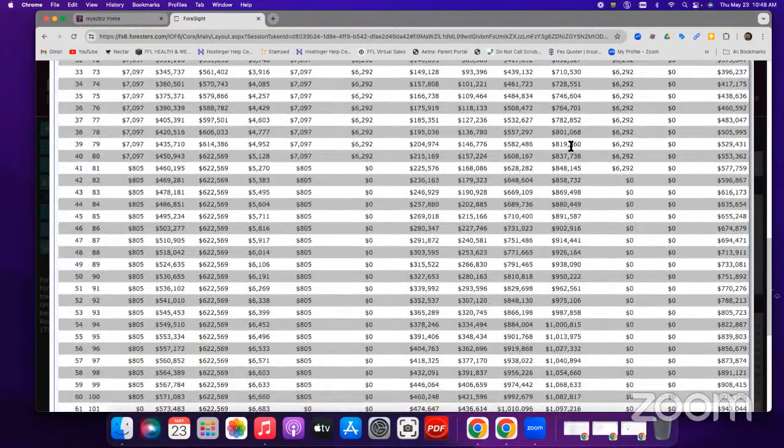I mean, by the time you are, say, 75, you're guaranteed to have almost 600,000, 580,000 at 75 years old. That's guaranteed death benefit. Guaranteed cash is 375, and non-guaranteed, you're at 484 cash value and 746 with a death benefit.